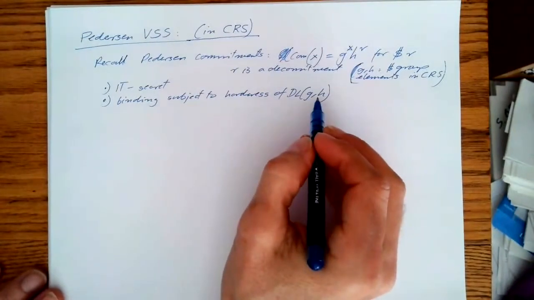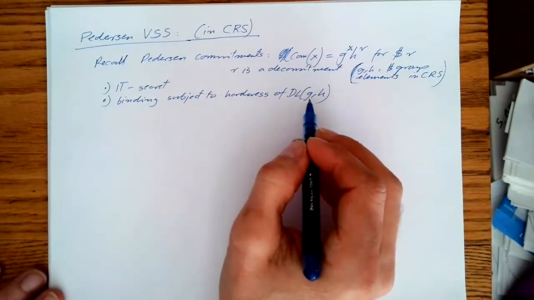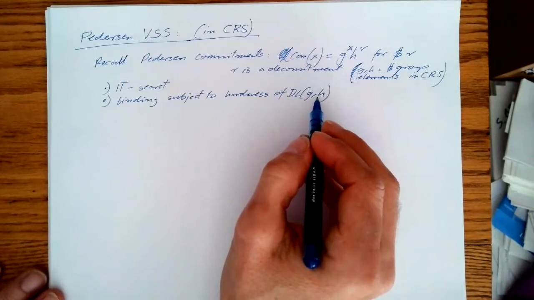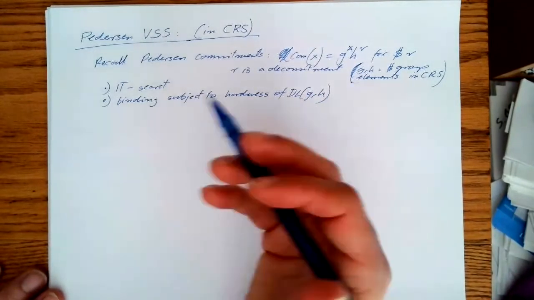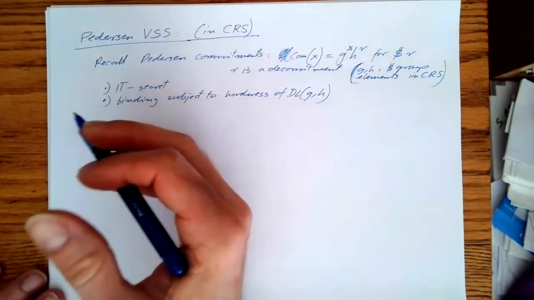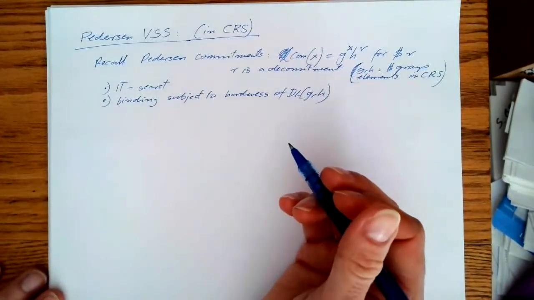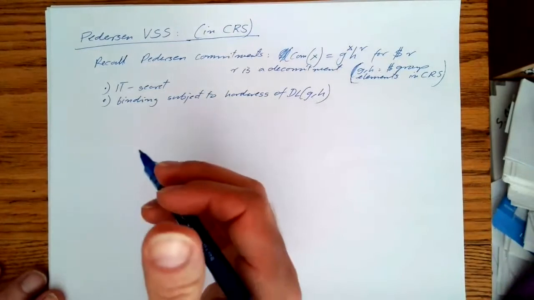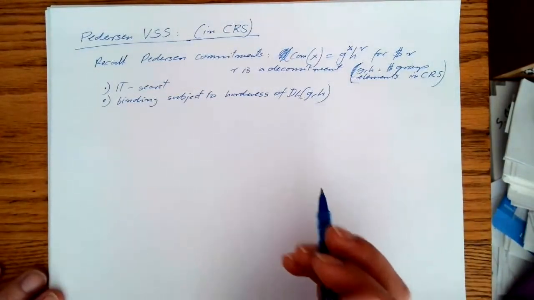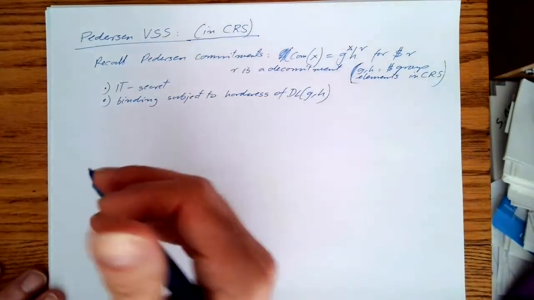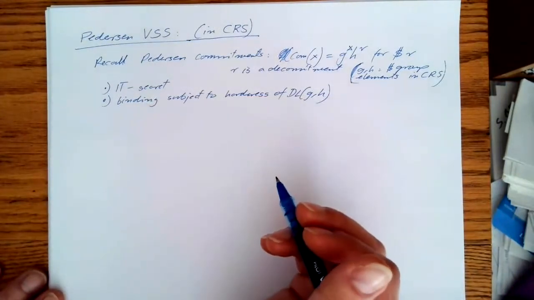But remember the one coin toss I showed you between two parties: everybody commits to a random value and then decommits, and the value agreed on in the coin toss is, let's say, the XOR of all the contributions.